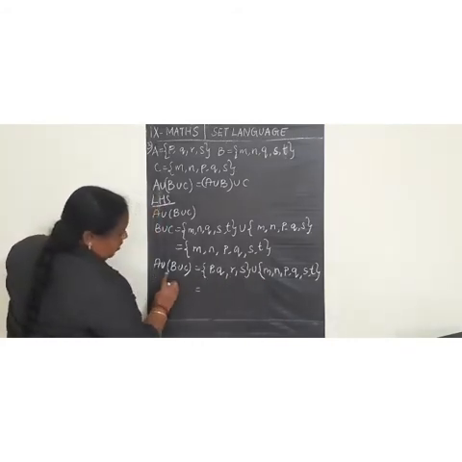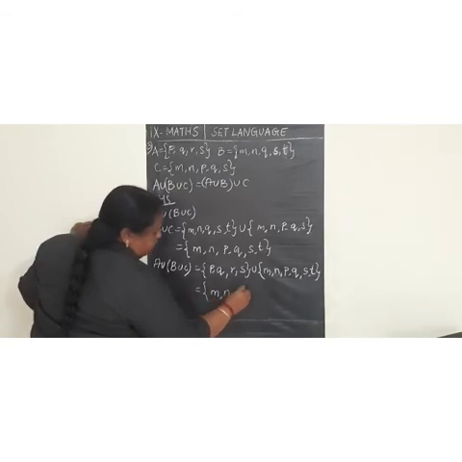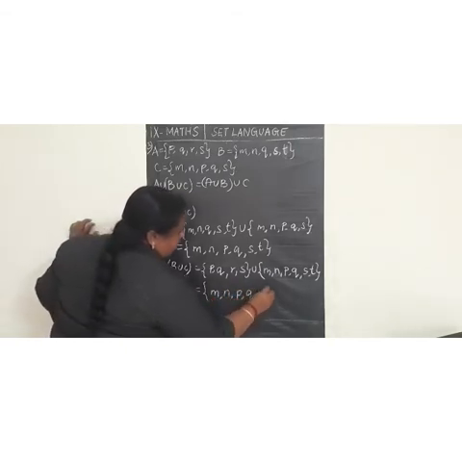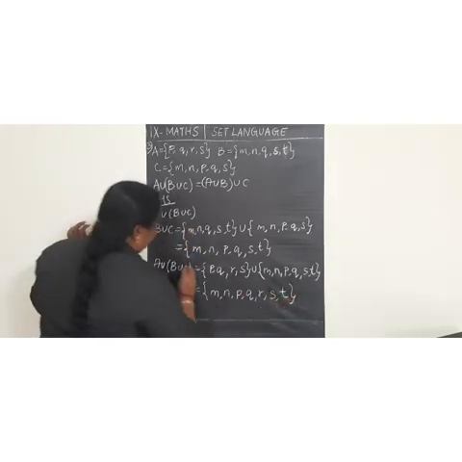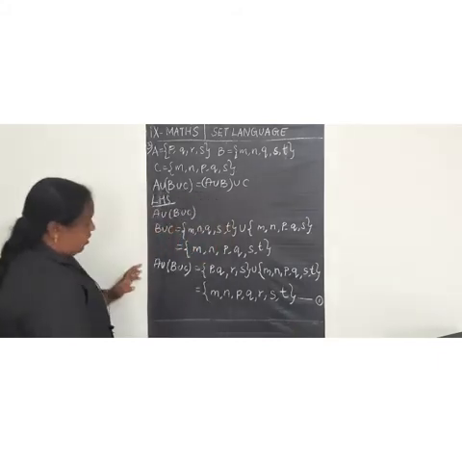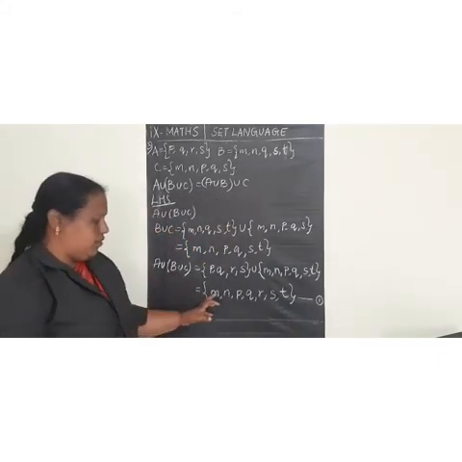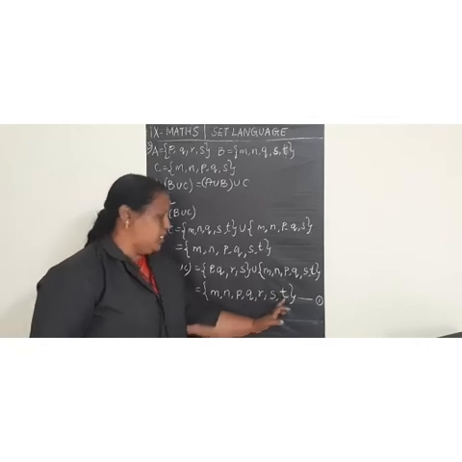So A ∪ (B ∪ C) = {M, N, P, Q, R, S, T}. We take this LHS as equation 1.